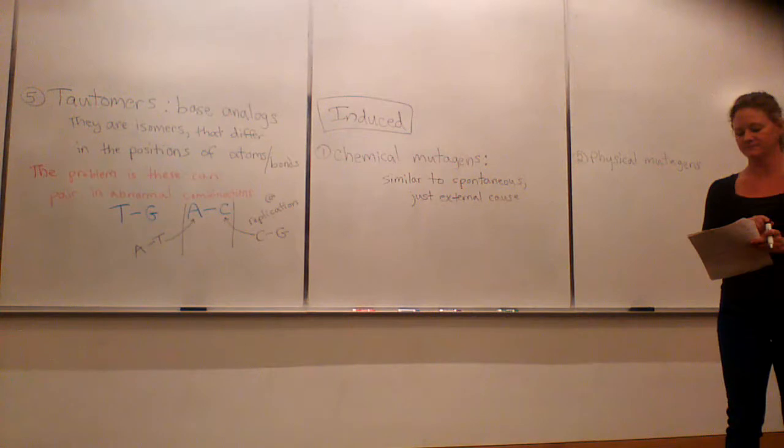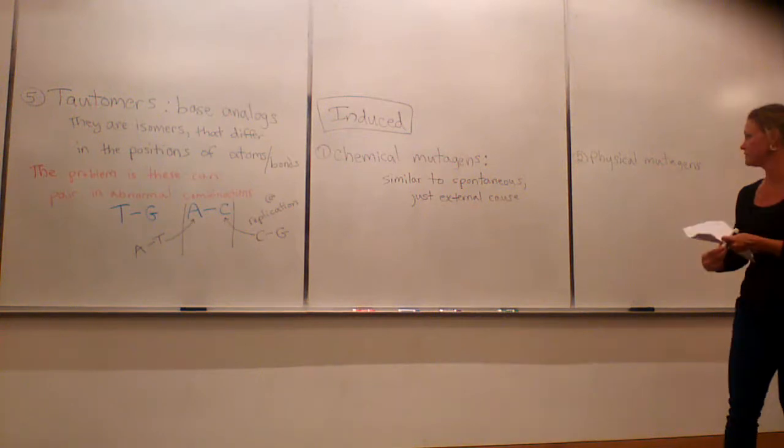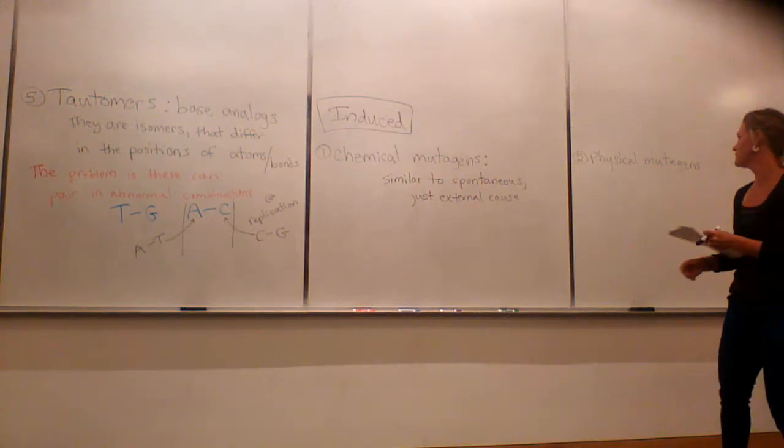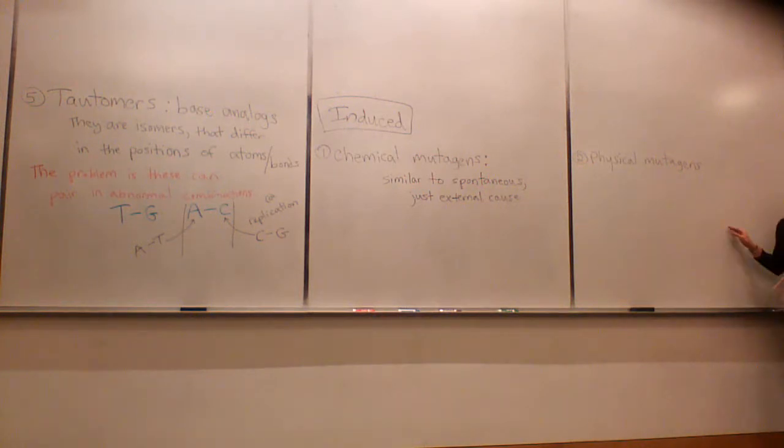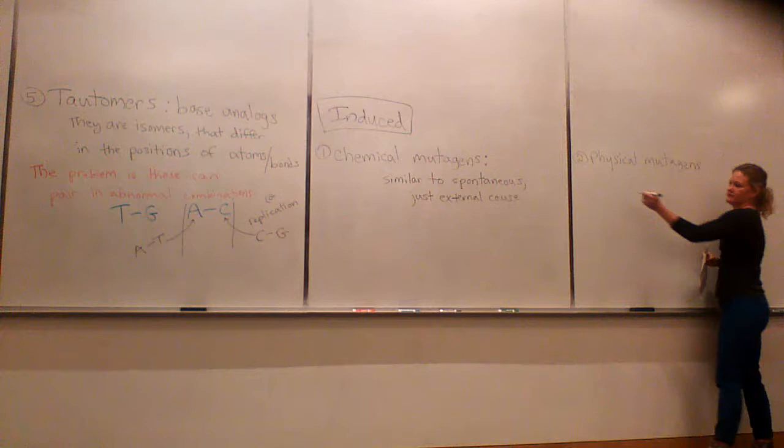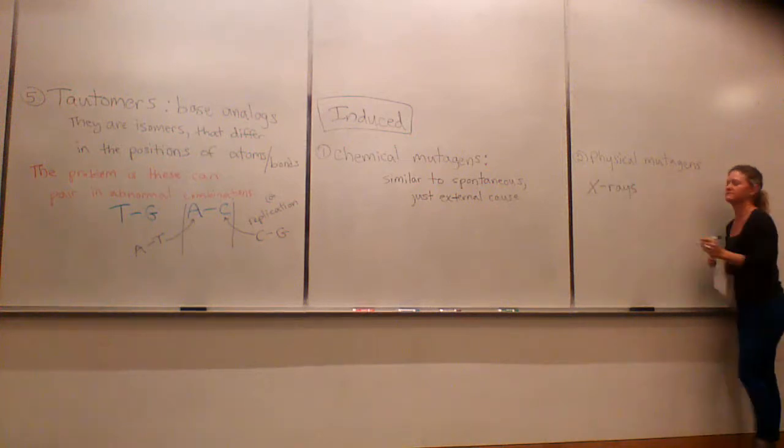Physical mutagens, on the other hand, would be things like X-rays. This is why you wear that big heavy metal. What X-rays tend to do is create breaks in the backbone, either single-stranded or double-stranded, they tend to nick or break the backbone of DNA.